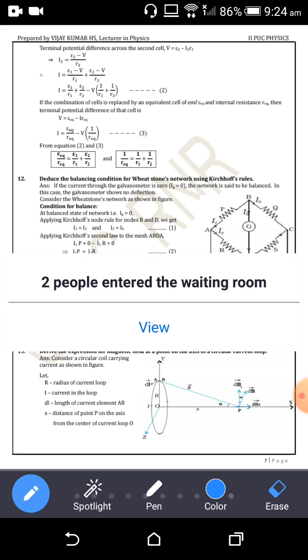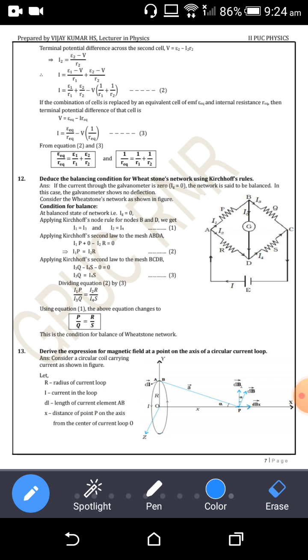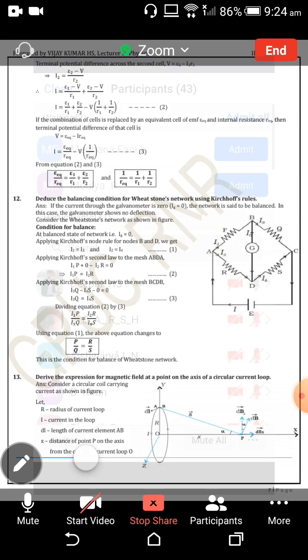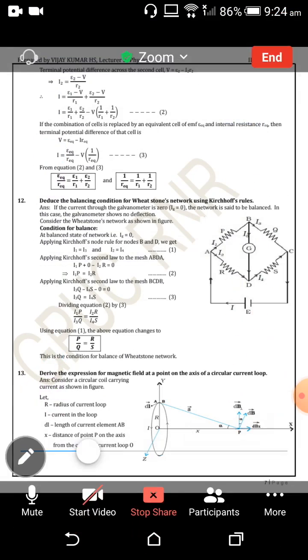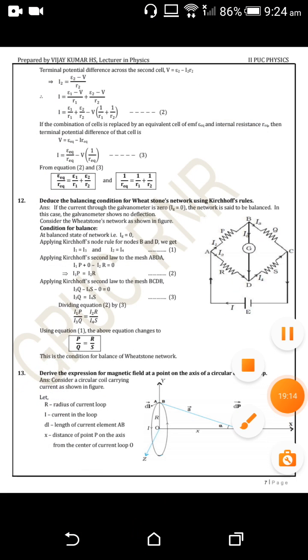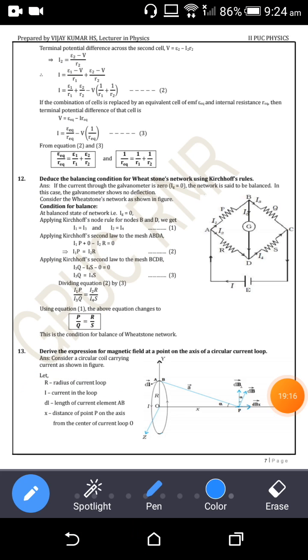Next, we apply Kirchhoff's second law, the voltage law, to the mesh ABDA, which is a loop.